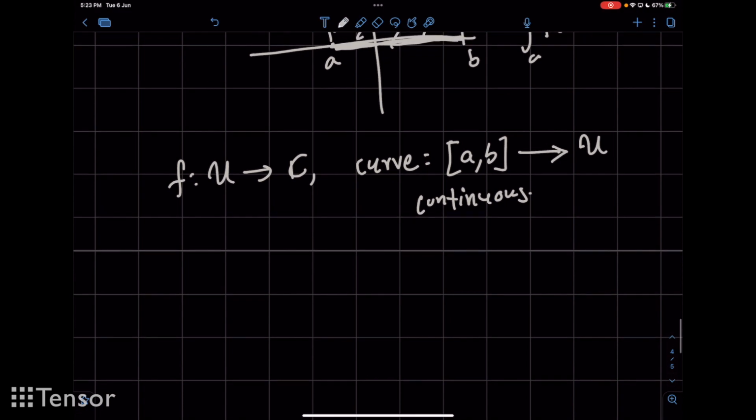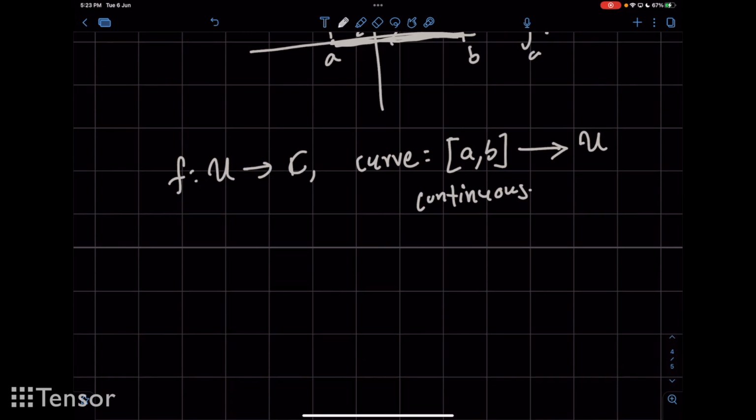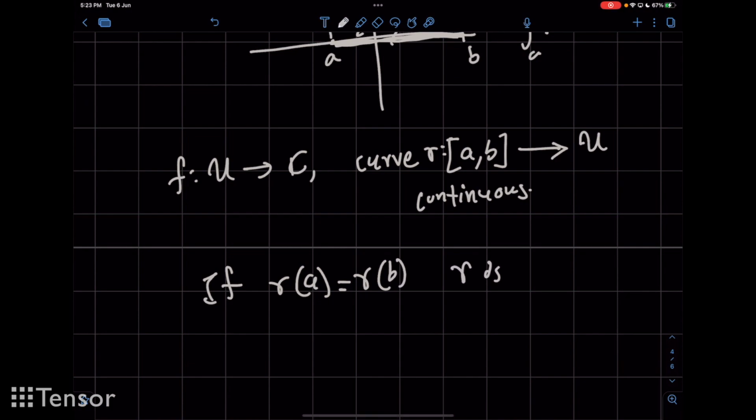And you can see that here the domain is a closed interval. Let's say the curve is a map gamma. If the endpoints are the same, that is, if gamma of a and gamma of b are the same, then we call gamma a closed path, or closed curve.